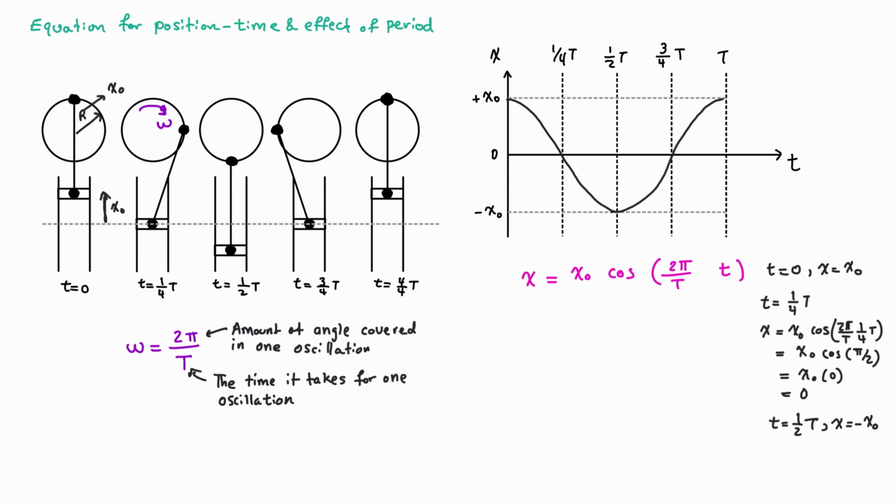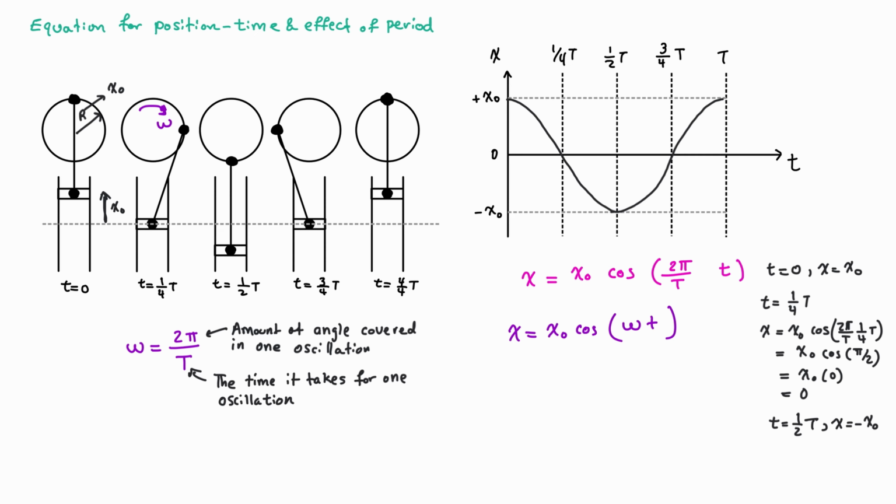So the equation works really well, and we can rewrite it as well. Instead of writing it in terms of period, which we can always do, an alternative way, because 2 pi over period represents the angular velocity, we can just write it as omega, so that we don't have to write the 2 pi over period every time.